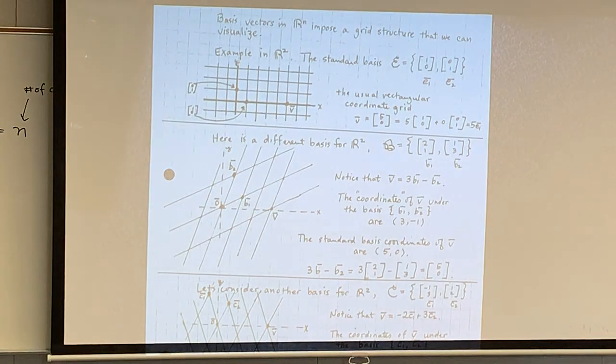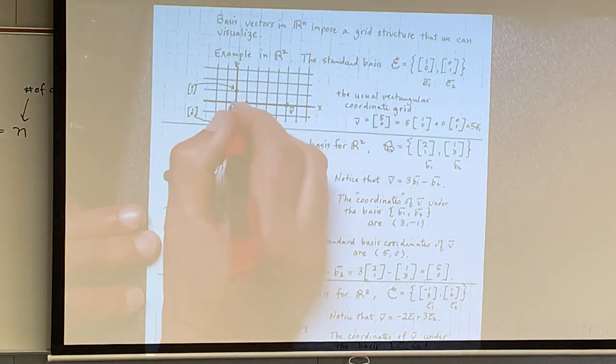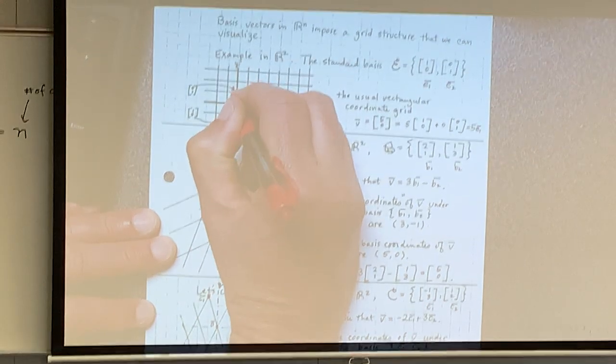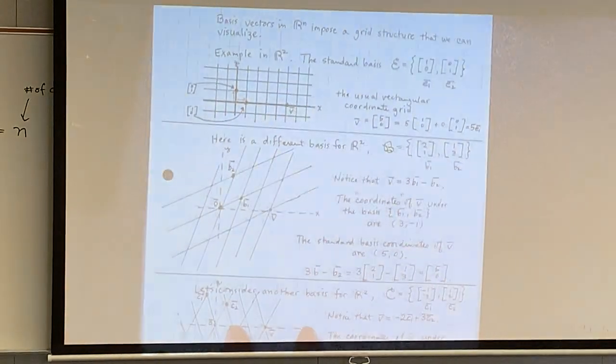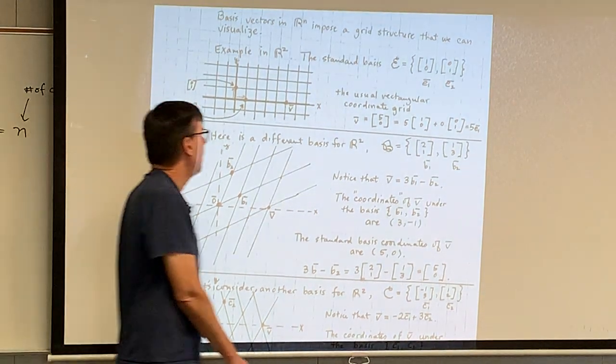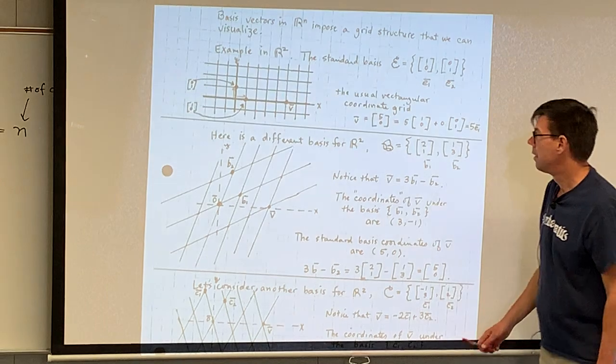But we sometimes use arrows to represent those vectors, because the arrows help us think about what happens when we're adding vectors together.